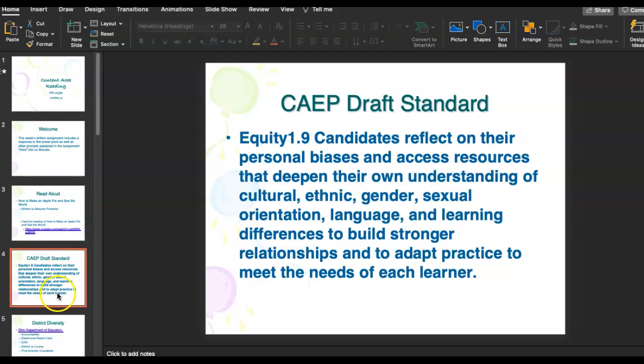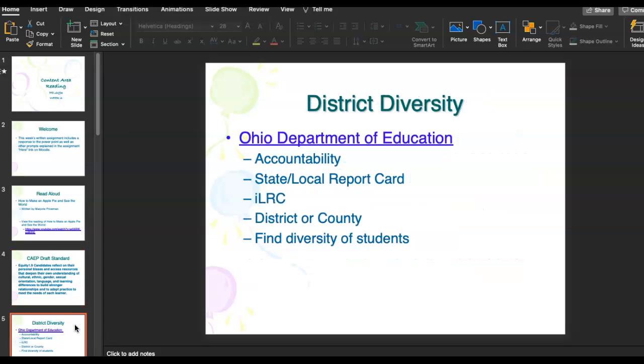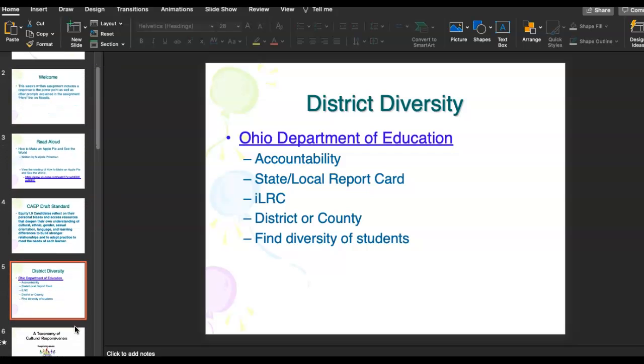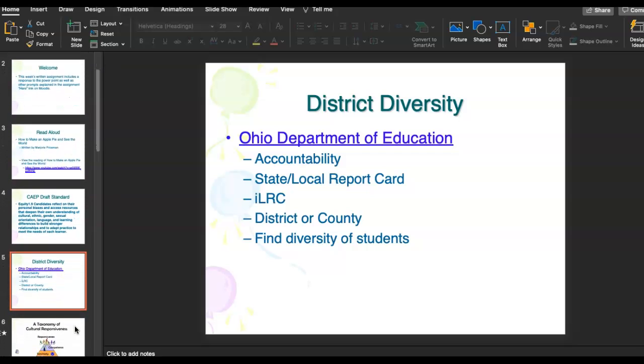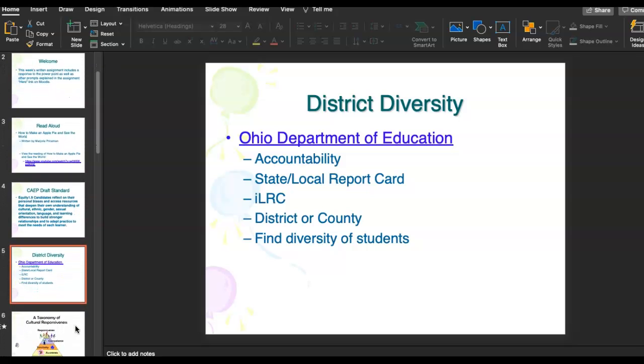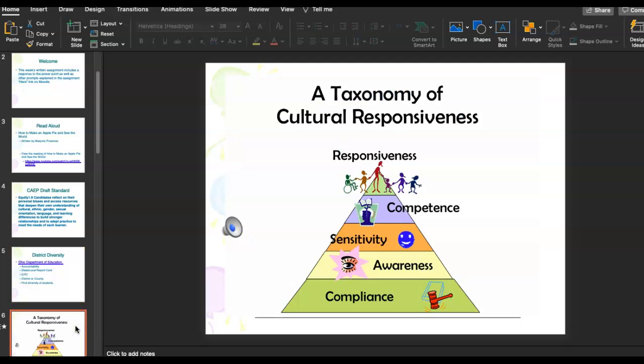So what they want to have candidates do is to use their understanding of child growth and development, individual differences, and diverse families, cultures, and communities to plan and implement inclusive learning environments that provide each child with equitable access to high-quality learning experiences that engage and create learning opportunities for them to meet high standards.